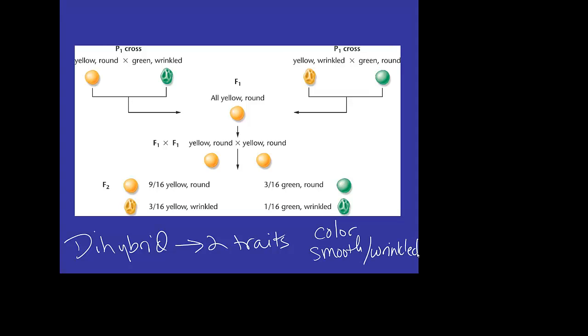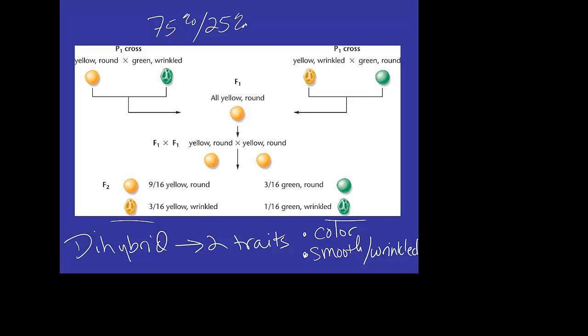Okay, so those are two traits. But if we focus just on the color patterns, we're getting some yellow and we're getting some green in this second generation. Well, that's great. Okay, so he's starting to see this kind of 75-25% ratio all the time when he looked at these characteristics.